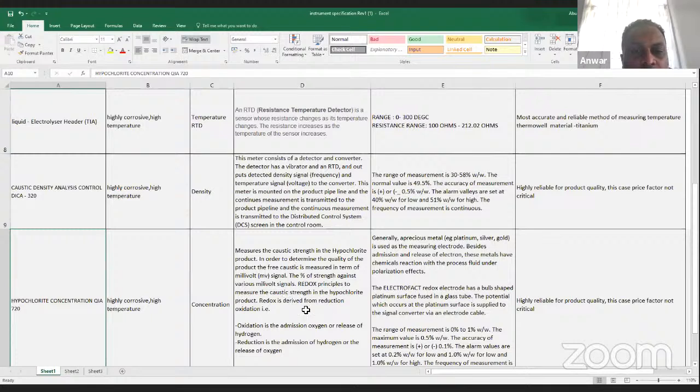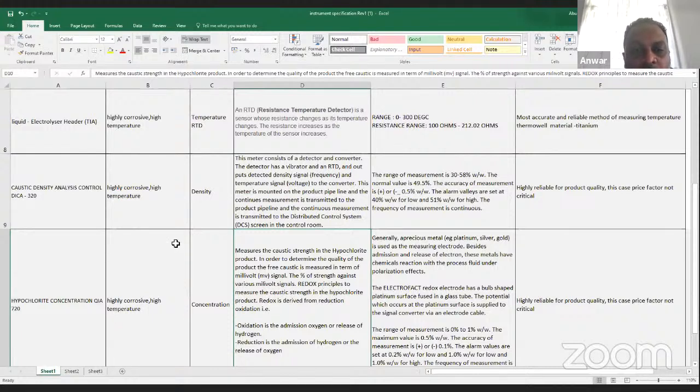So it is very important to maintain the strength, the concentration of this sodium hypochlorite in the absorption. How we produce sodium hypochlorite is basically we absorb 20% caustic into the tail gas of chlorine from our system, because we cannot release this chlorine into the atmosphere.